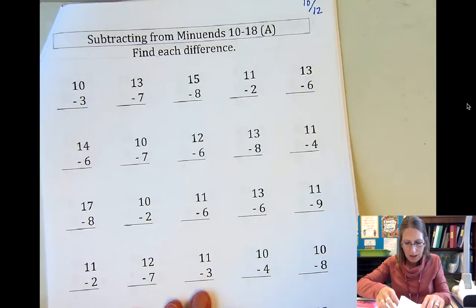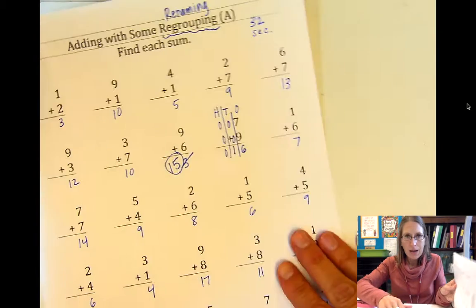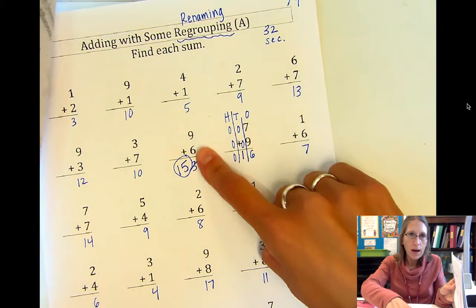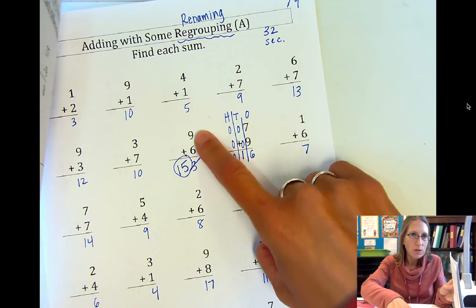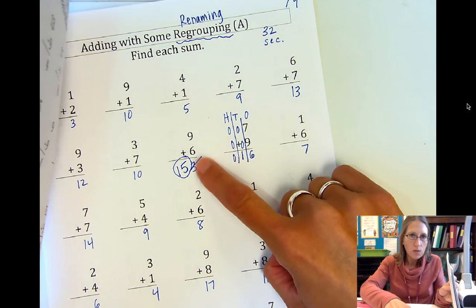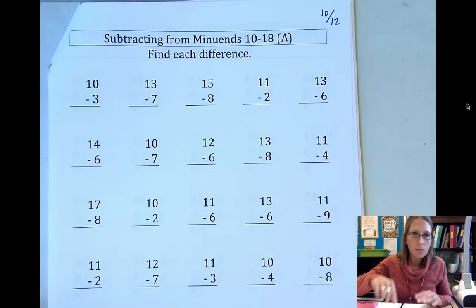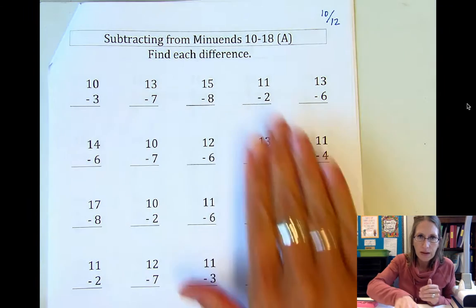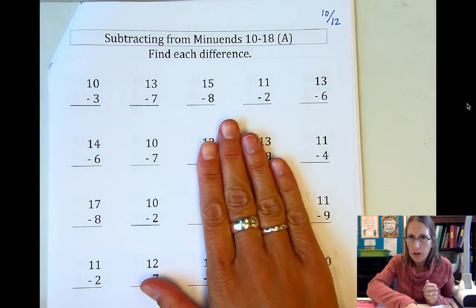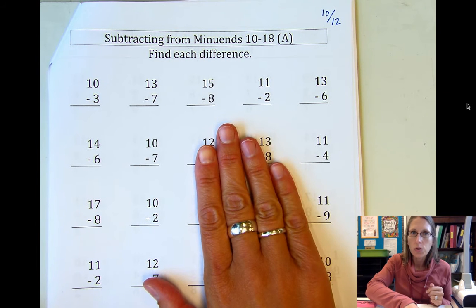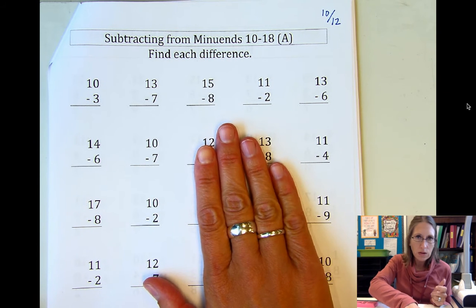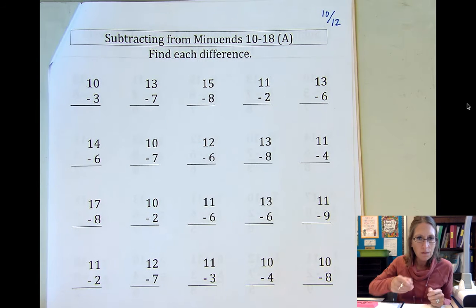Last time I had a mistake on mine. I subtracted when I was supposed to add. So it's a really good idea to do your work and then check it right away. So let's go ahead and do our fact practice packet. You can pause the video and do this now, or you can do it when we finish, or some of you did it before you started the video.